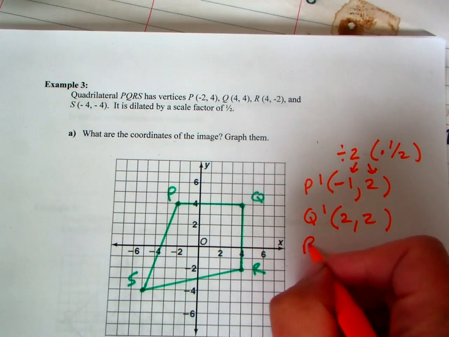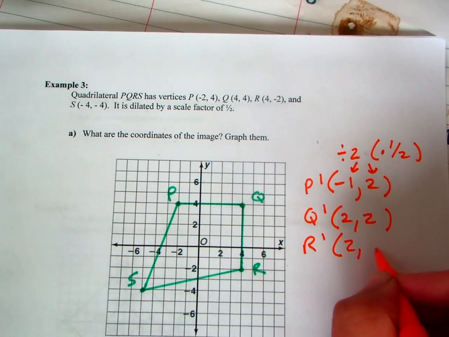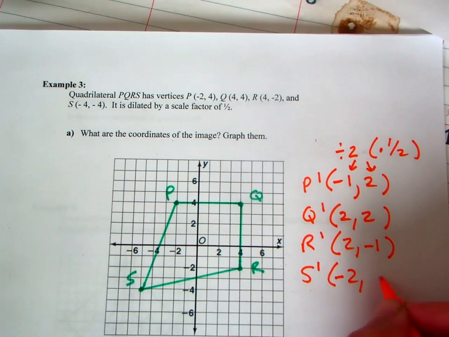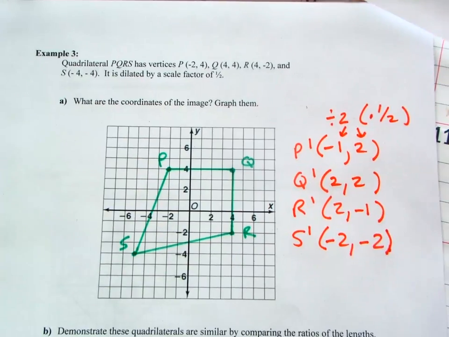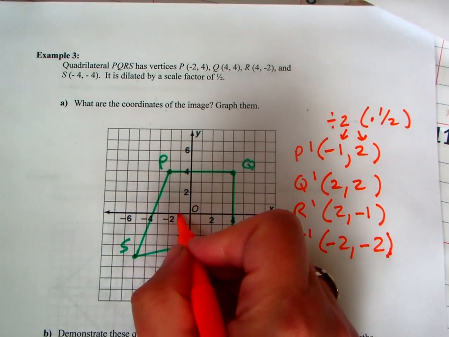Okay, R prime. 4 divided by a half is 2. Negative 2 divided by 2 is negative 1. And S prime, negative 4 divided by 2 is negative 2, and the y value is also negative 2. All right, so I'm just going to graph that. Negative 1, 2, so negative 1 up to 2.